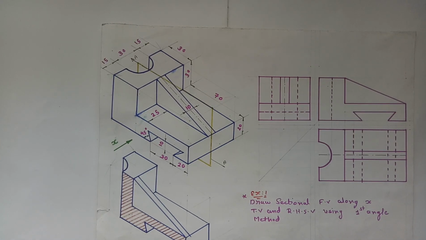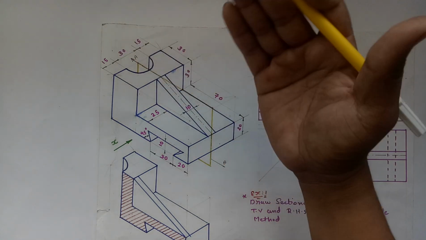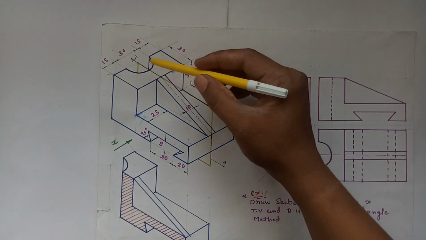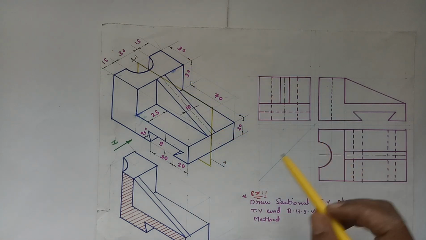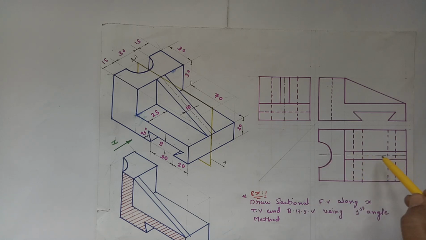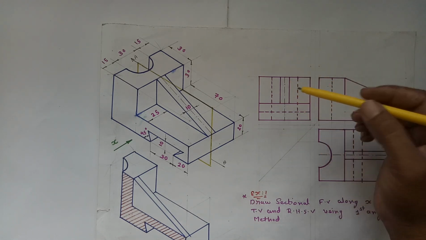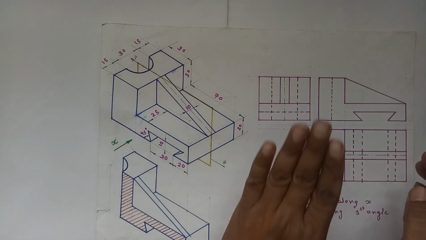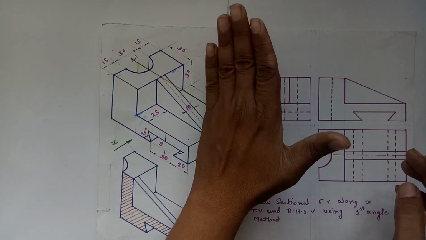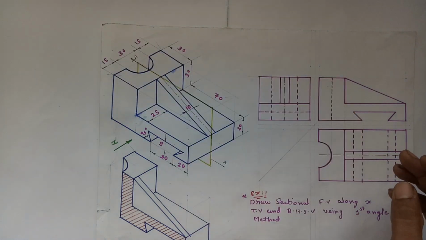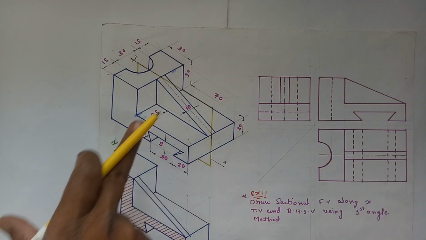Now to understand the sectional front view properly, we have shown the cutting plane over here. First of all, show the cutting plane in the top view and left hand side view over here. If we are taking the section by using this cutting plane, the section is going to be generated in the front view.